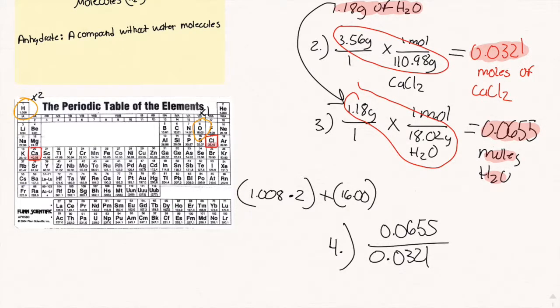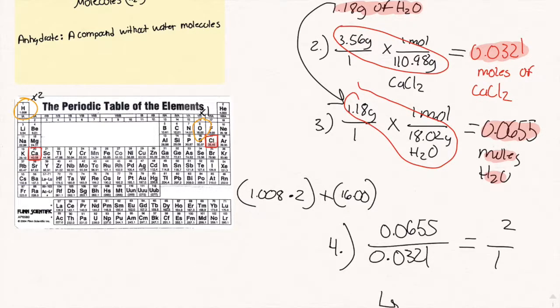So now that we have that, we are going to simplify this. If you do 0.0655 divided by 0.0321, you put that into your calculator, you should end up with 2, or something close to 2, but you can round it to 2. It's no big deal. And you're going to set that equal to 1. So 2 over 1 is just essentially 2.